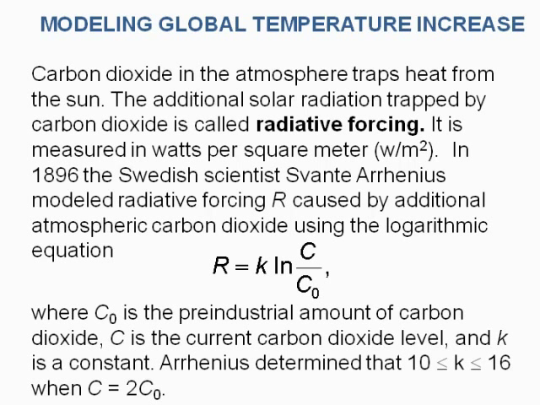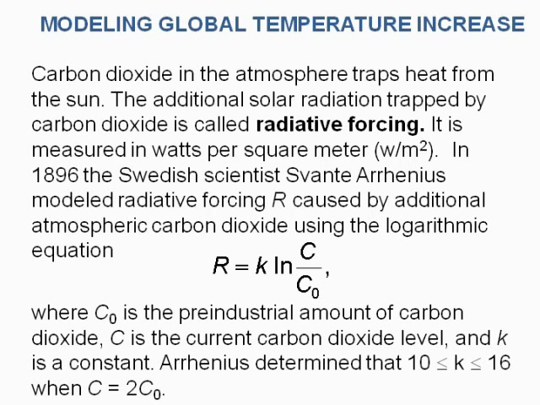In 1896, the Swedish scientist Svante Arrhenius, excuse me if I'm mispronouncing names, you history buffs, modeled radiative forcing R caused by additional atmospheric carbon dioxide using this logarithmic equation.